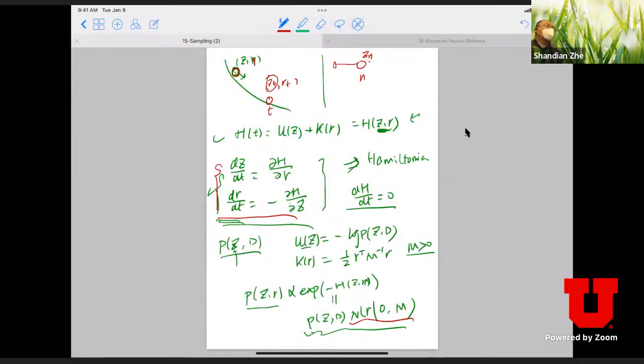That's the whole idea. So you can see, to generate a sample proposal in the Hamiltonian sampling idea, we consist of two steps. First, we randomly generate a momentum random variable, typically from a Gaussian distribution. Then we just evolve the system. This evolution itself is deterministic.